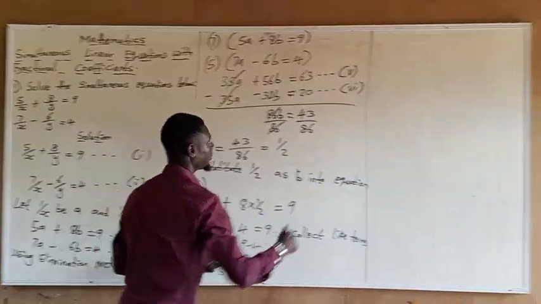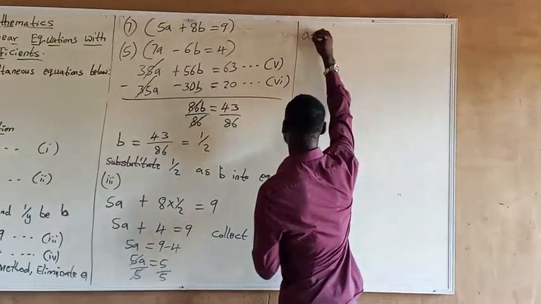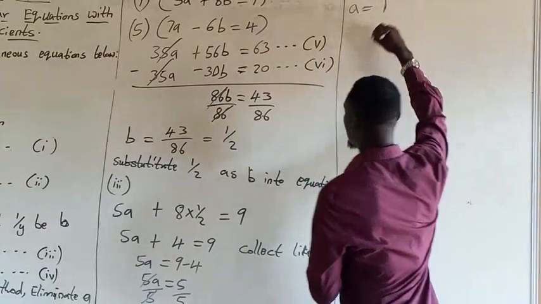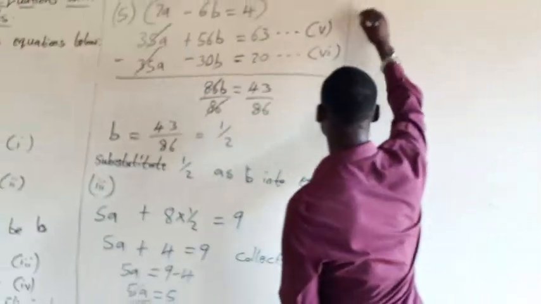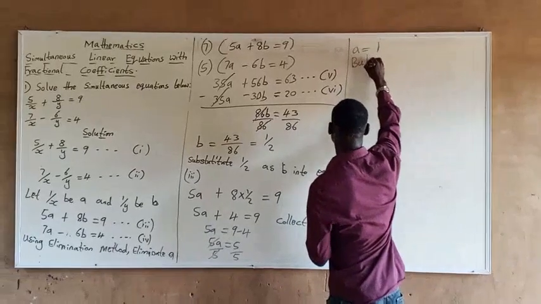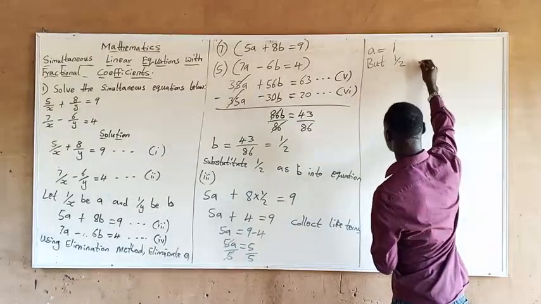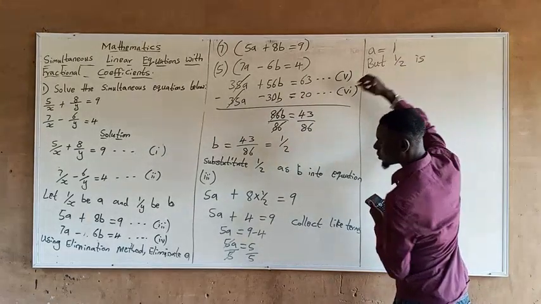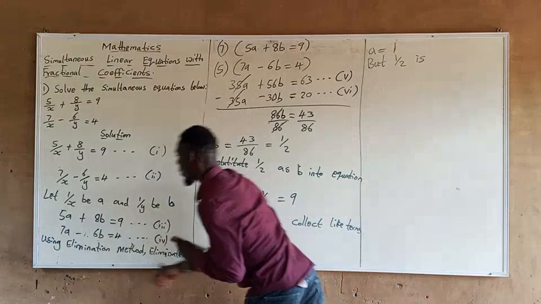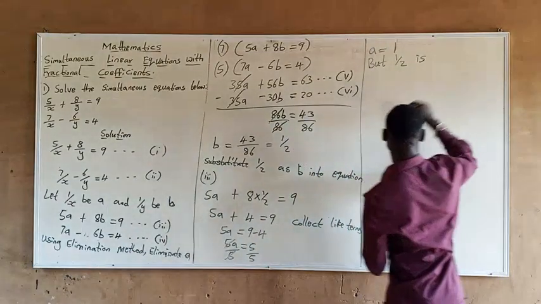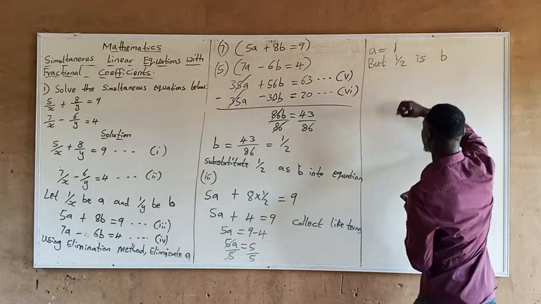We have our a is equal to 1. So at this point, we are going to say, but 1 over 2 is from this place. 1 over 2 is b.